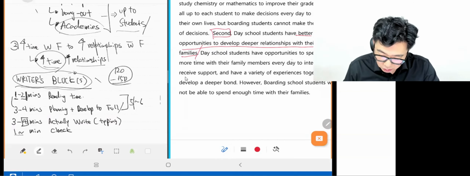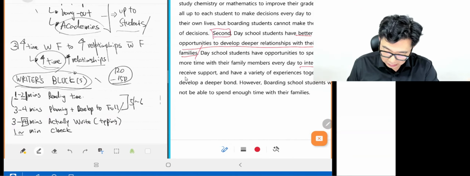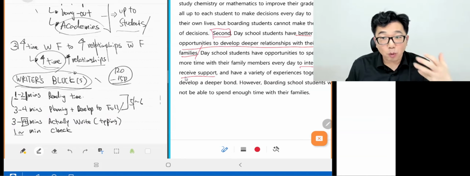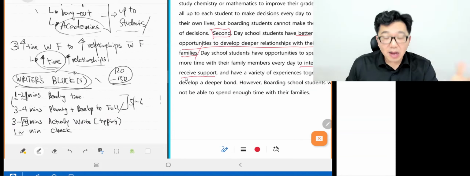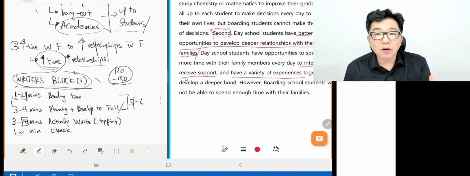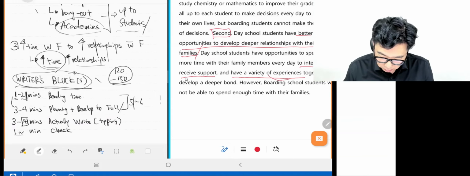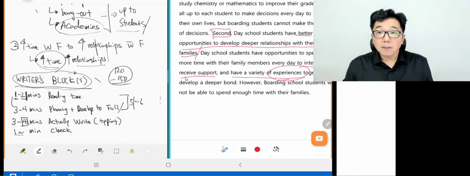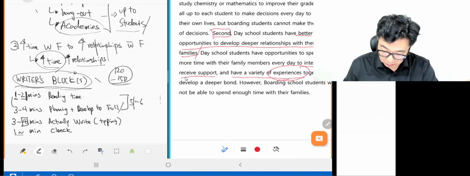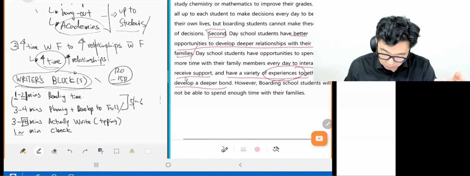Day school students have opportunity to spend a lot of time with their family members every day, so they can have conversation, get some emotional support, get some advice, and have a lot of experiences, play together, talk to each other, and have lots of different experiences because you're spending time with your family, right? That will help you develop deeper bond, right?